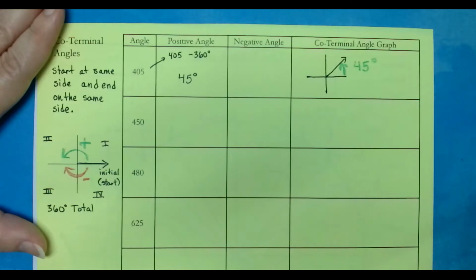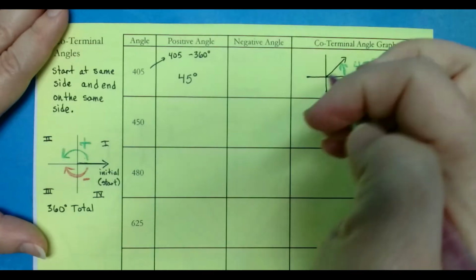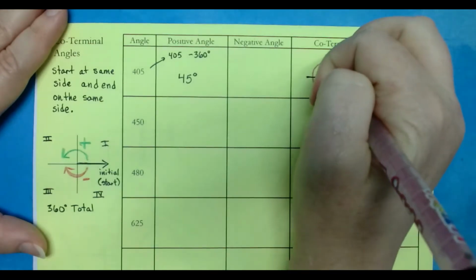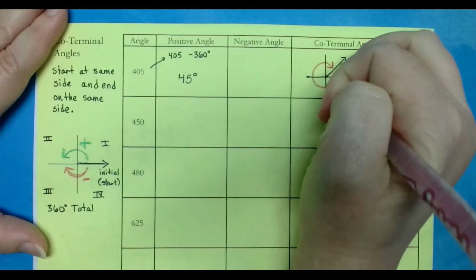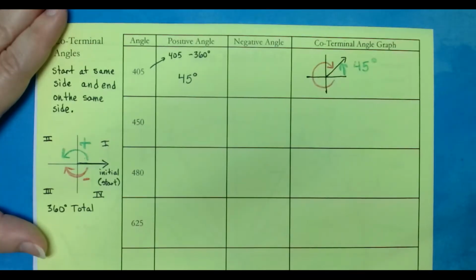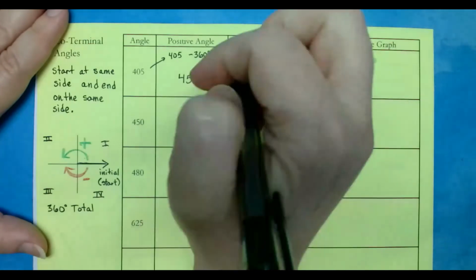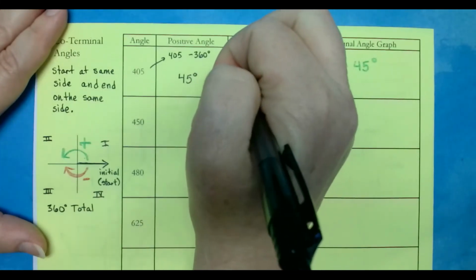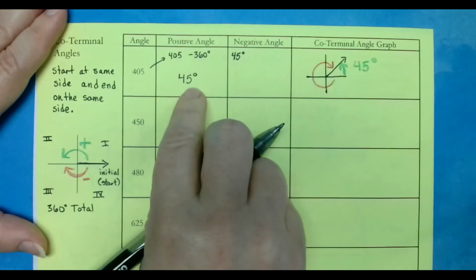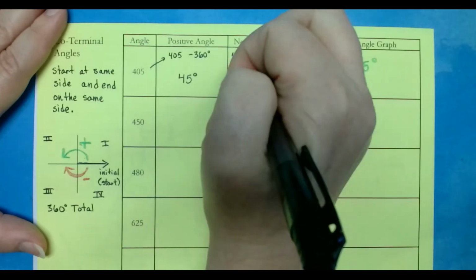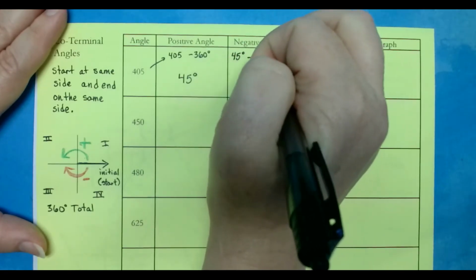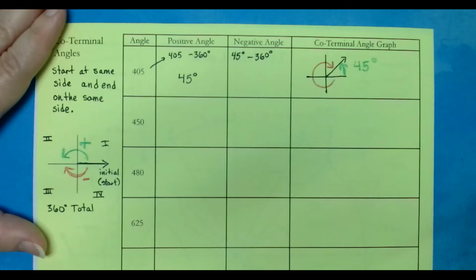All right, so now we need to find the negative angle. If my total is 360, that means I can subtract 360 again. So I'm going to take my answer that I just got, 45 degrees, and subtract 360. Yes, it's going to give me a negative number. That's why it's called a negative angle.